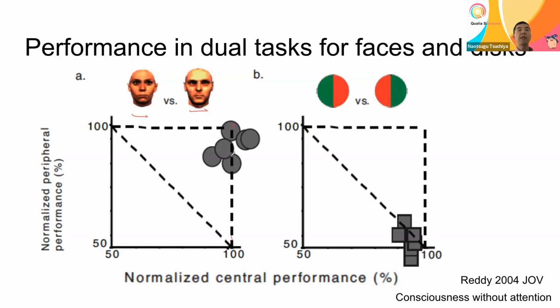So that's a no interference situation. Whereas this apparently very simple task of red and green discs is one that you cannot do at the same time as a letter discrimination. So there are classes of tasks that are either compatible here or not along here.